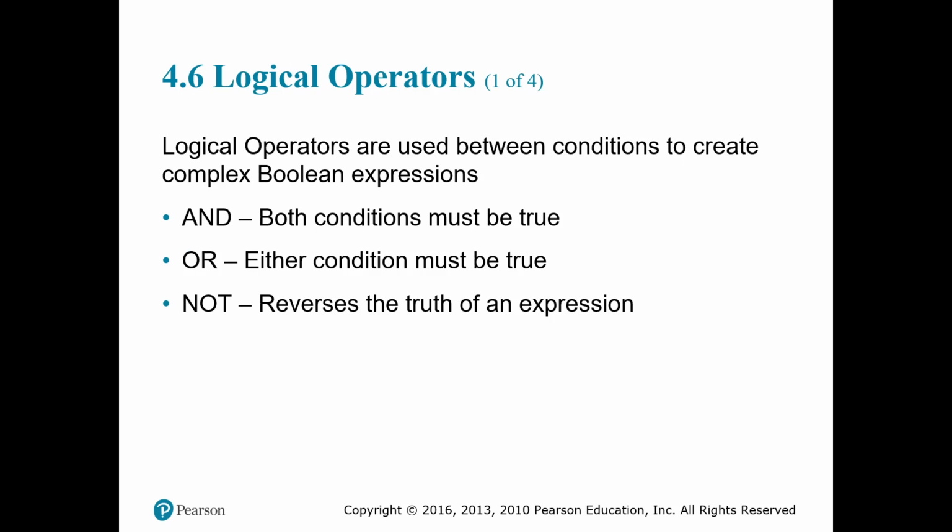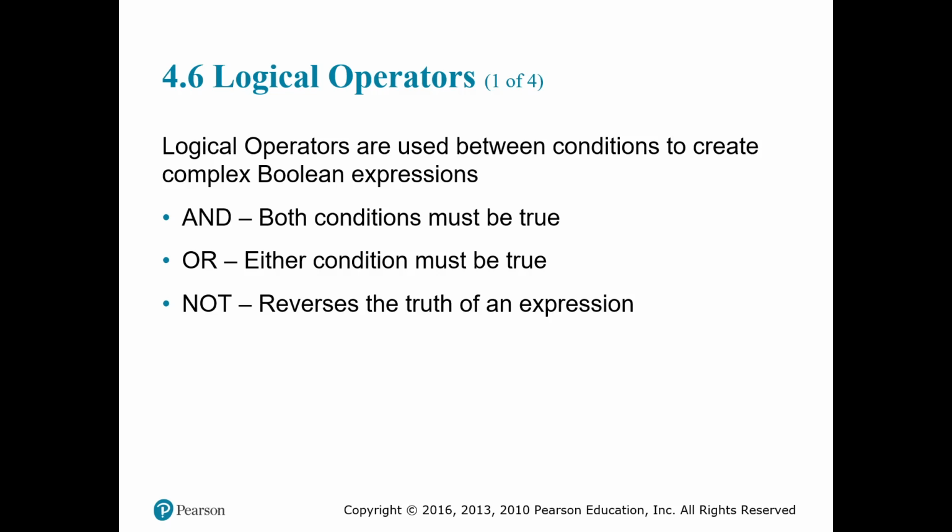The logical operators are just one of those things that you have to remember and you have to just learn it. There's no other way around it. So the three most important ones are: and turns out true only if both conditions that we have are true. Then we have or, which turns out true only if one of the conditions is true.